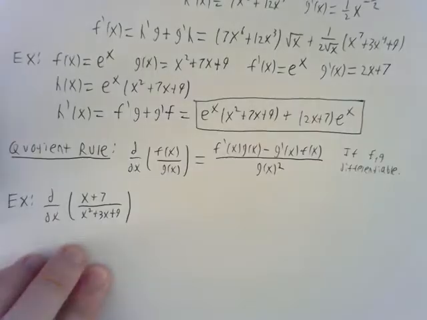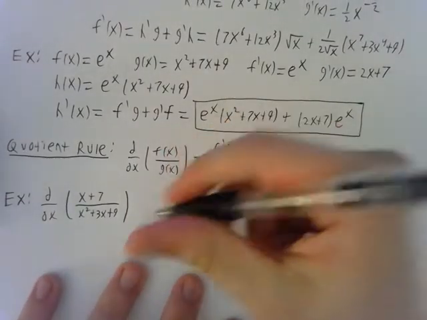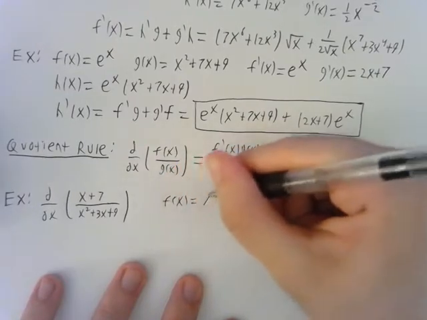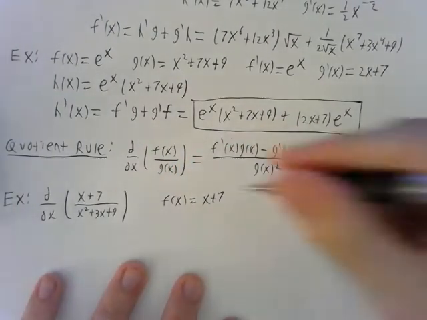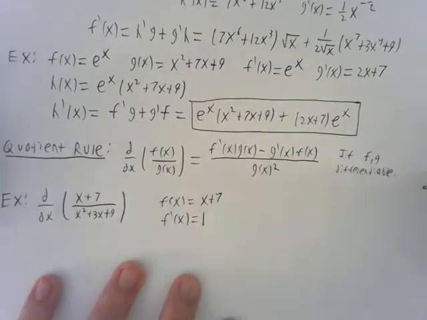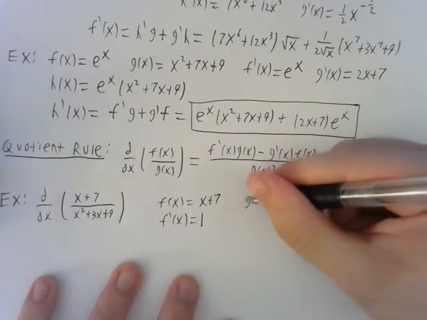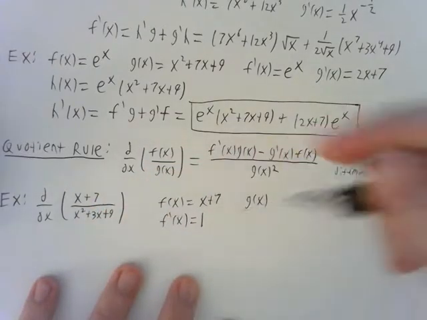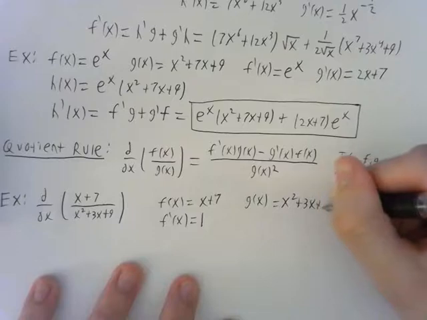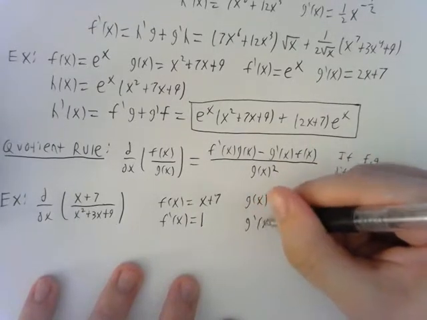So in this case, our top function, f of x, is x plus 7. And we can easily calculate the derivative of this function is just 1, since that's the slope of the line. Our g of x will be the function appearing on the bottom, so x squared plus 3x plus 9. And then g prime is equal to 2x plus 3.